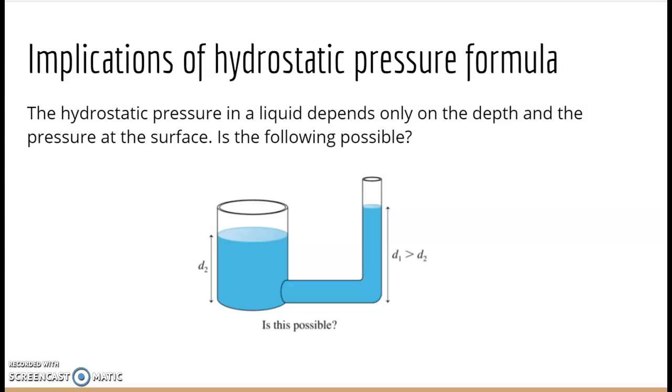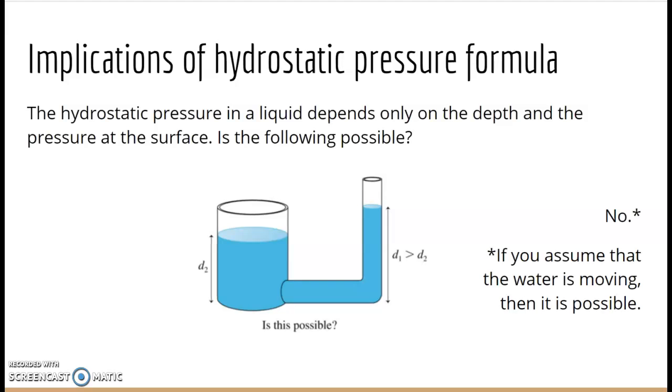We saw from the formula that the pressure of a liquid depends on the depth and what the pressure is at the surface of the liquid. So the question is, is this situation possible? The situation here would be that the fluid has two different heights. Let me know what you think.